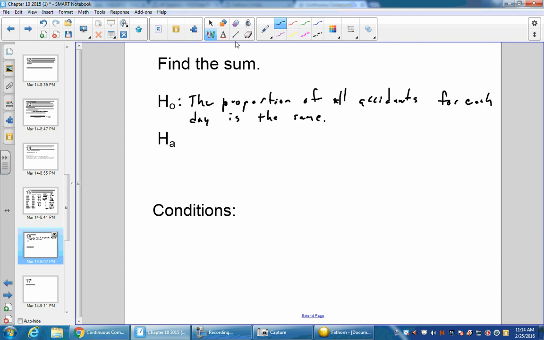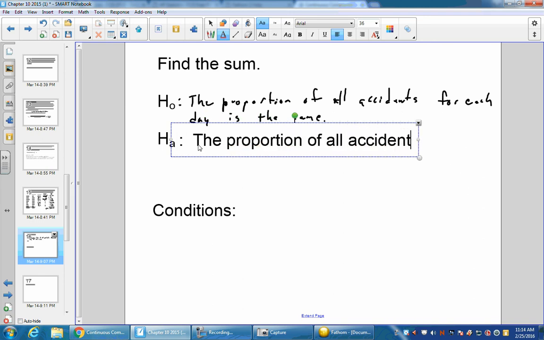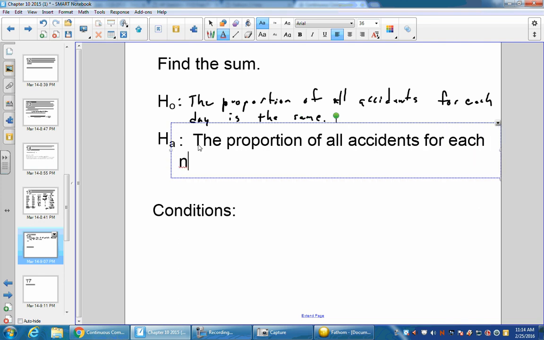Now, I'm reminded how terrible my writing is with this, so how about I type this next one? For the alternative, I'd say that the proportion of all accidents for each day are not the same.